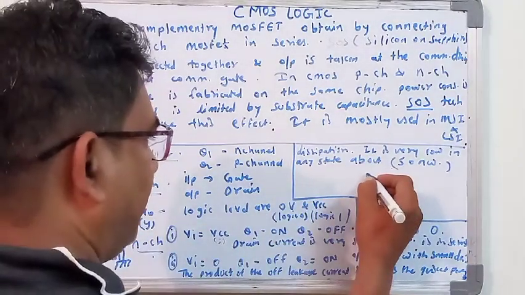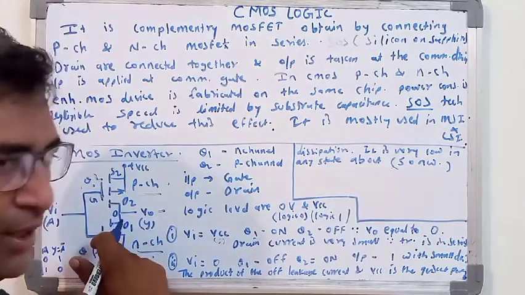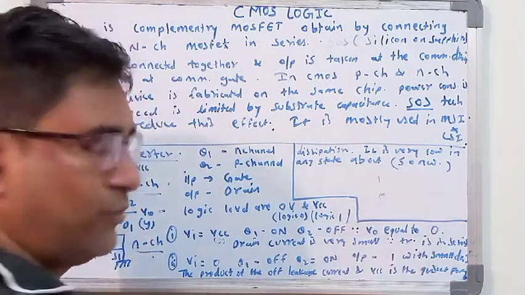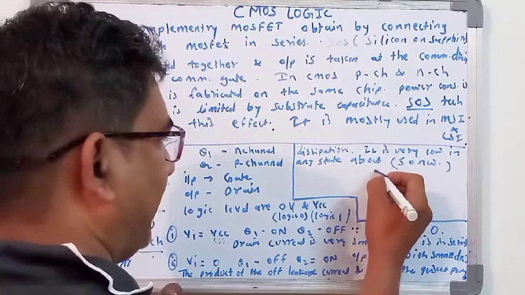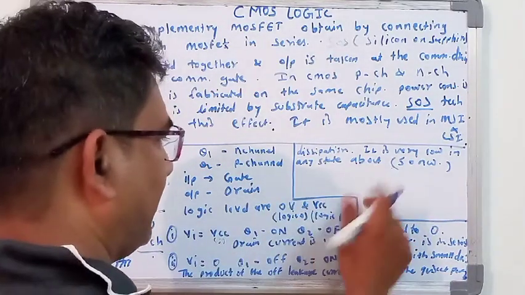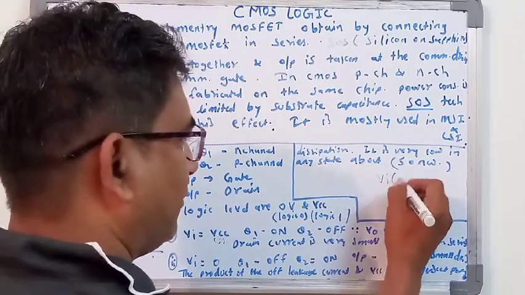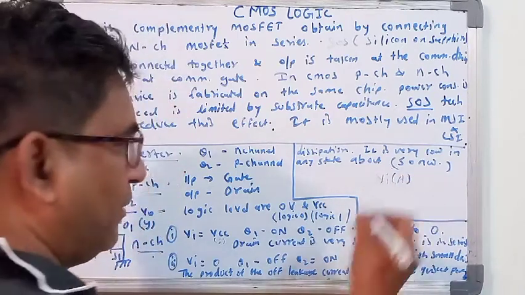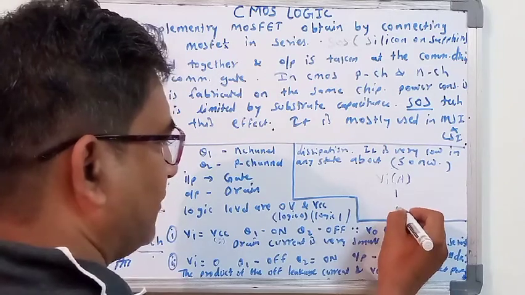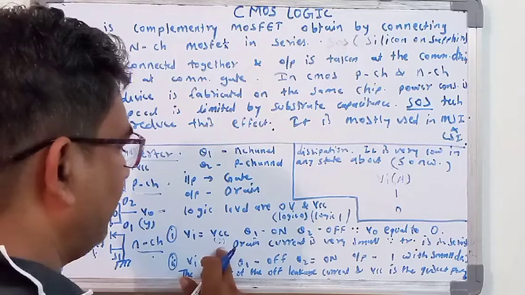Now, what is the input value which we are going to apply to this particular gate? It is either 1 or 0. The input we have applied to the A terminal, we will write here as Vi, or you may write Vi or A. We will apply the input 1, or we will apply the input 0.